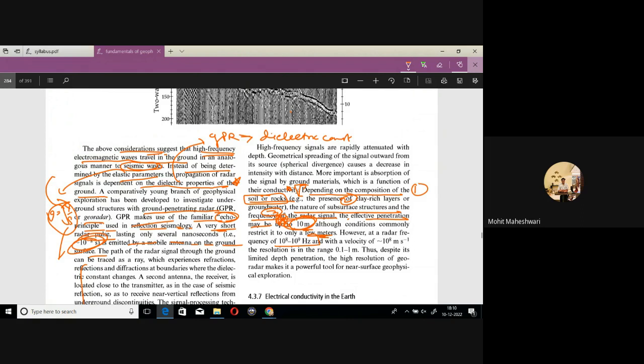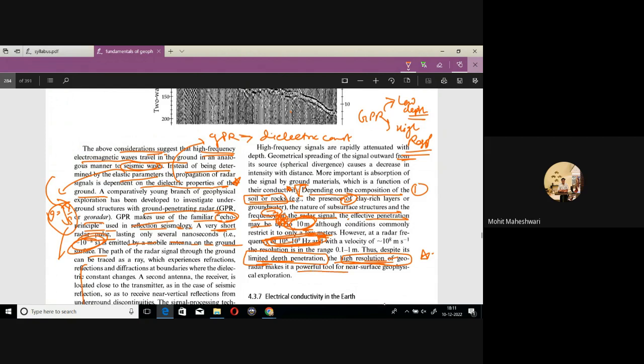The frequency range we are going to use is 10 to the power 8 to 10 to the power 9 hertz, and this is used for high resolution. Very, very important. This question will be asked in your exam: the ground penetrating radar method measures low depth, its depth of penetration is limited, but its resolution is high. The very, very important thing is that it has high resolution. Despite its limited depth of penetration, it gives a high resolution.